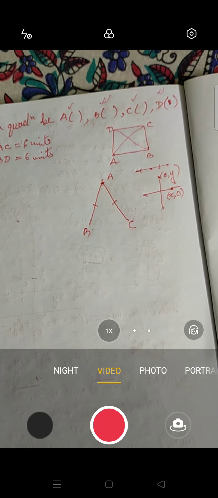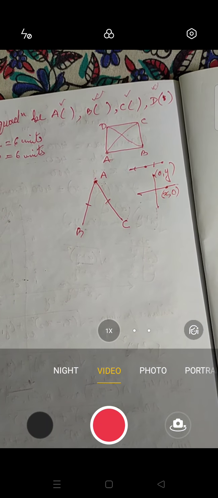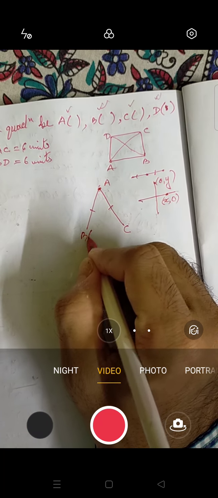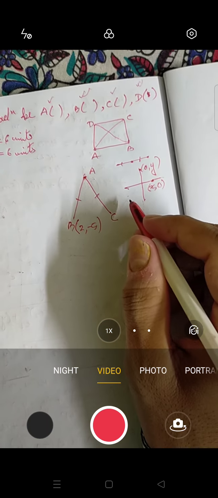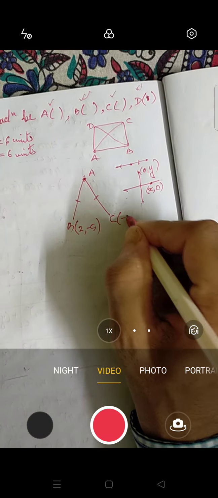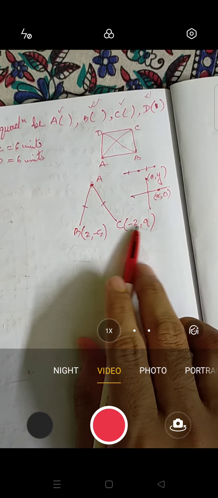They are telling you to find the point on the x-axis which is equidistant from these two. That means you have two points, and the distance from each of them is equal: 2 comma minus 5, and minus 2 comma 9. These two points are equidistant from A. Any problem?